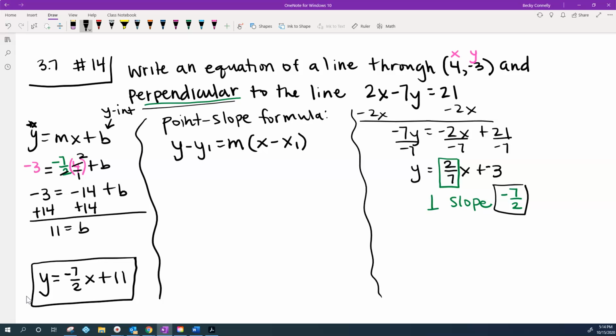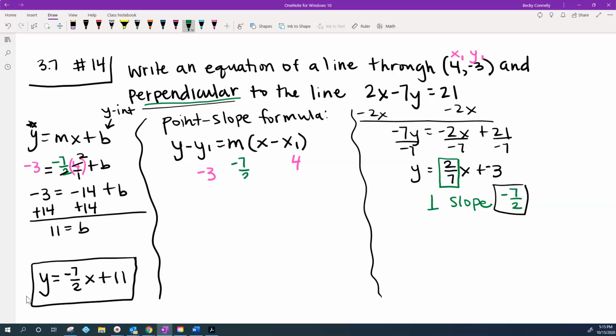And then that x and y that we have is really going to be our x1, y1 that we fill in here. So in place of my x1, I'll put 4. In place of my y1, I'm going to put -3. And in place of my slope, I'm going to put -7/2.